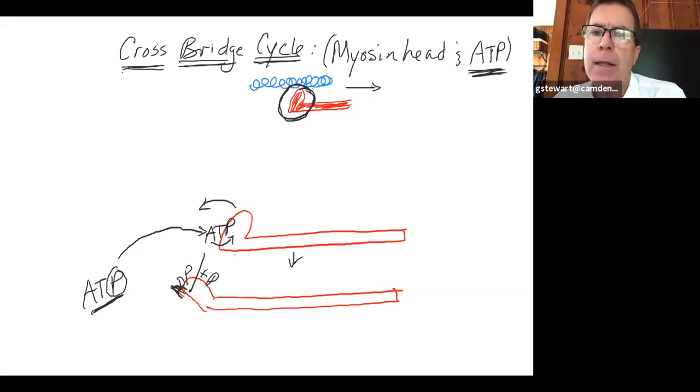It's like pulling back that little thing on a handgun that sort of cocks a gun. So we're cocking the head of the myosin molecule. Now, myosin, after it gets energy from the splitting of ATP, its head looks like this.